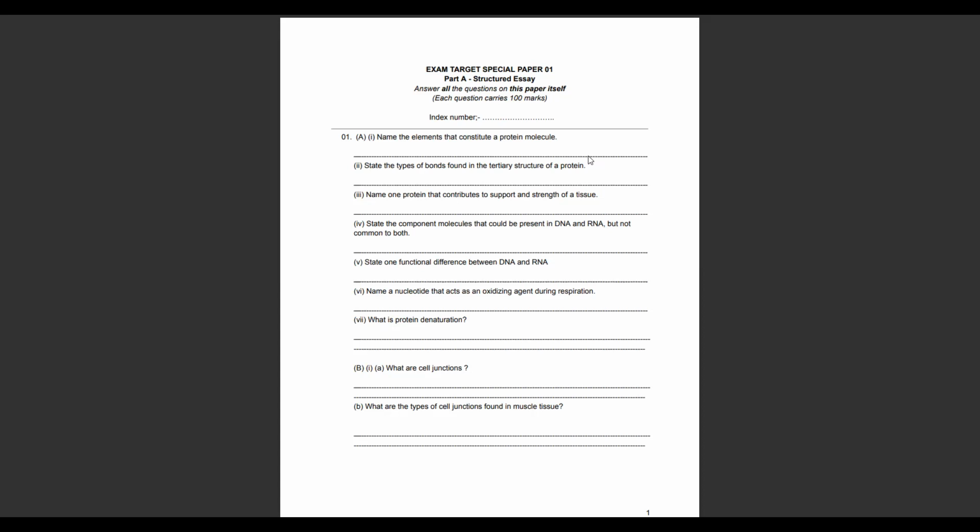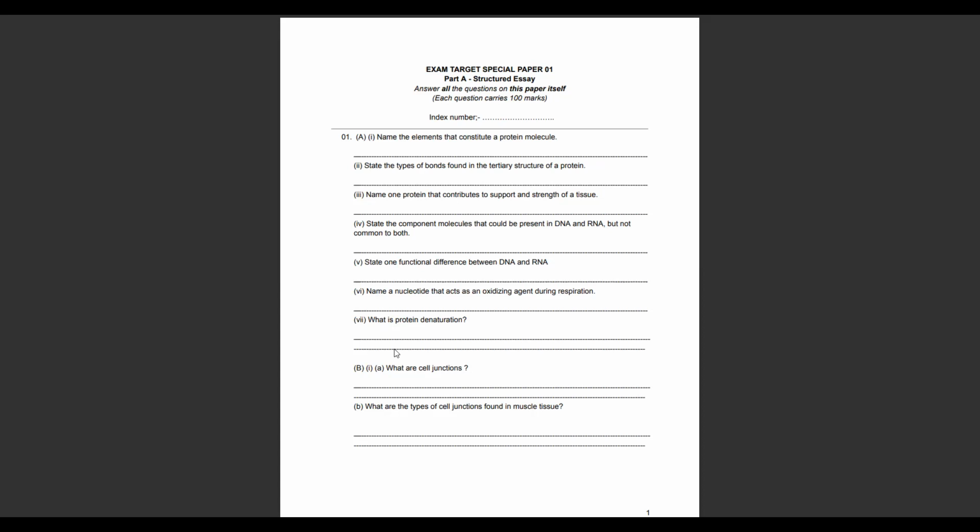Now, if we take the pentose sugar, DNA has deoxyribose, but RNA has ribose. So you can write the pentose sugar in DNA is deoxyribose, and in RNA it is ribose. Then when we come to nitrogenous bases, DNA has thymine, but instead of thymine, RNA has uracil. So 1 mark for each. 1 into 4, 4 marks. Give 4 marks if your answer is correct.